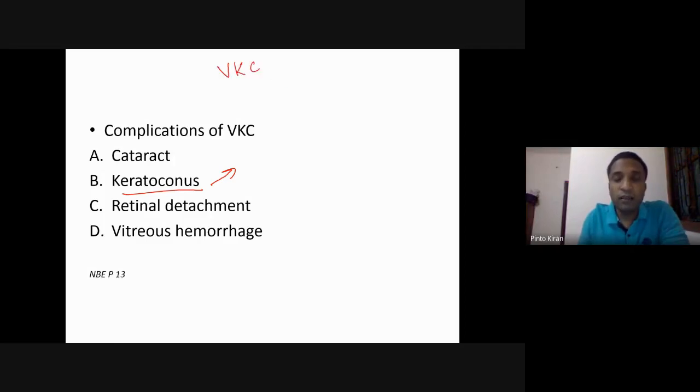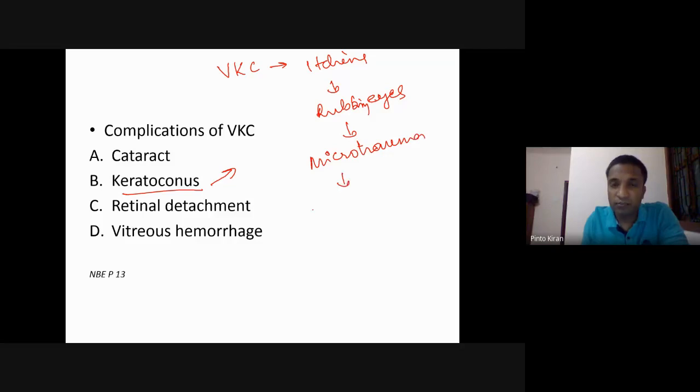In a VKC, you will have intense itching. Whenever itching, you rub your eyes. Rubbing the eyes will cause microtrauma. Microtrauma means whenever you rub, the keratocytes in the stroma of the cornea will undergo apoptosis, which will release interleukin 1.